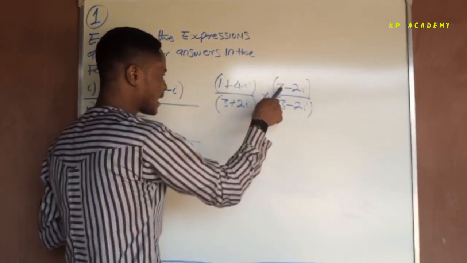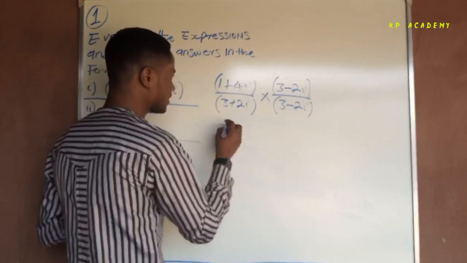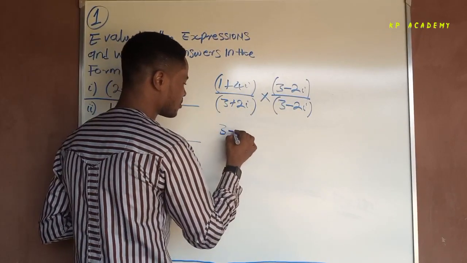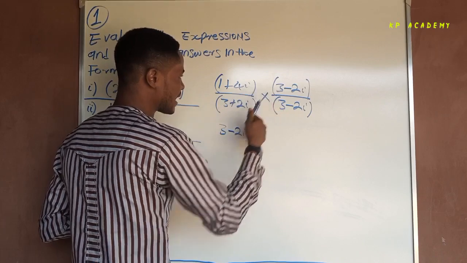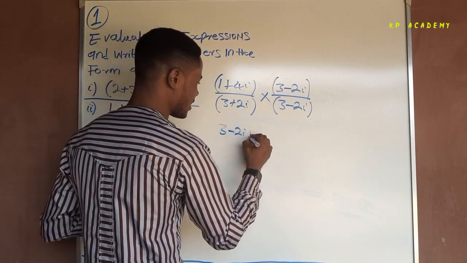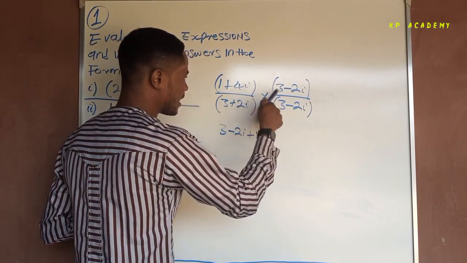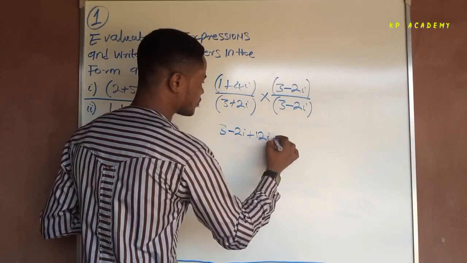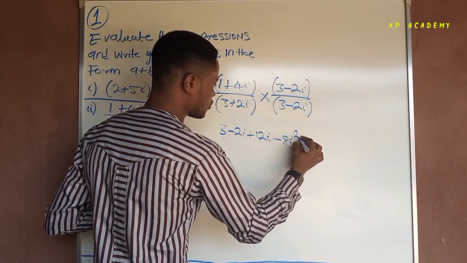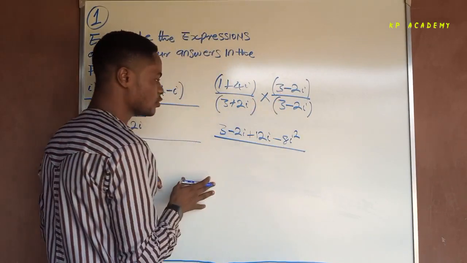Such that 1 times 3 will give us 3, 1 times minus 2i will give us minus 2i, 4i times 3 gives us plus 12i, 4i times minus 2i gives us minus 8i squared. Now we are done with the numerator.